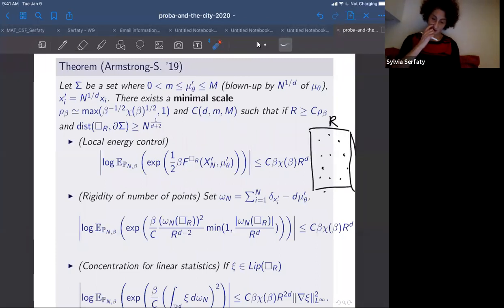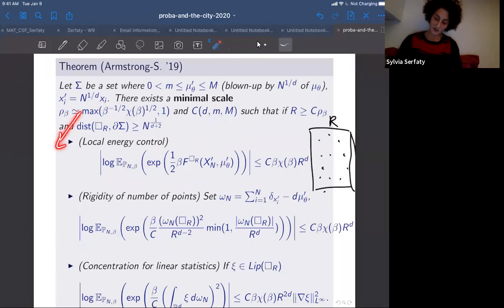The interpretation is that you have a minimal scale above which things are rigid and below which things should be Poissonian. It means the rigidity only starts to manifest itself once you've passed that scale, and that thing gets interesting when beta gets very small. Otherwise, you have rigidity down to your usual microscale.